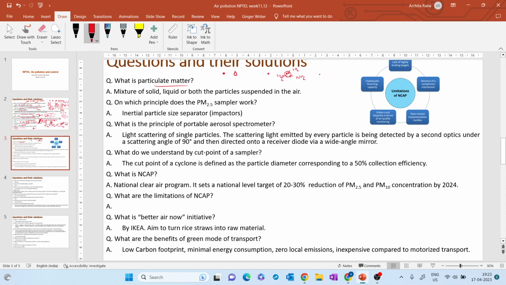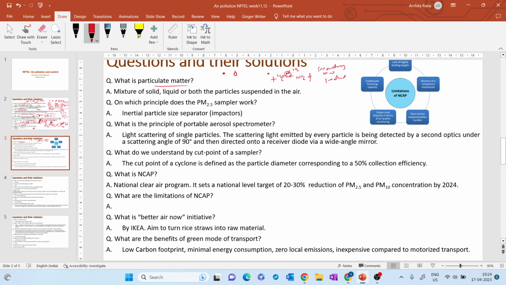Or they can completely undergo reactions and form a new, secondary product in the atmosphere. So all three combinations can exist, and that is why it is a mixture of solid, liquid, or both suspended in the air.